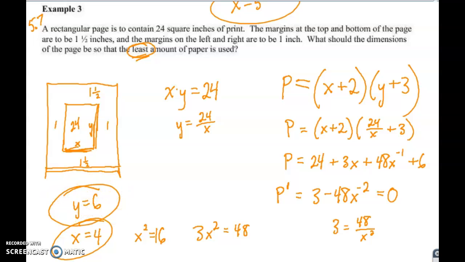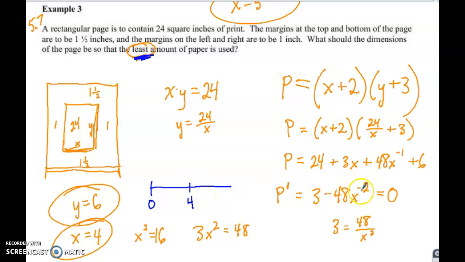It is worthwhile to mention why it's a minimum. If you go back to this derivative and make your sign analysis, and I like how the author doesn't even look at negative values, because in these word problems a negative doesn't make any sense.